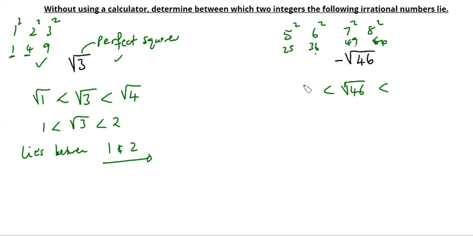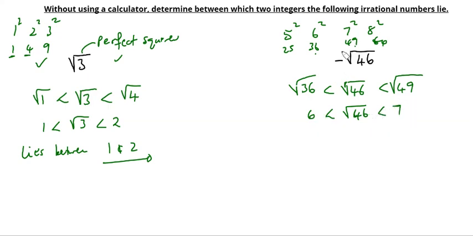If we put the square root there, we see that 6 is less than root 46, which is less than root 7. So it lies between 6 and 7.